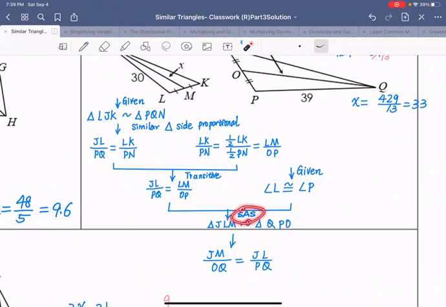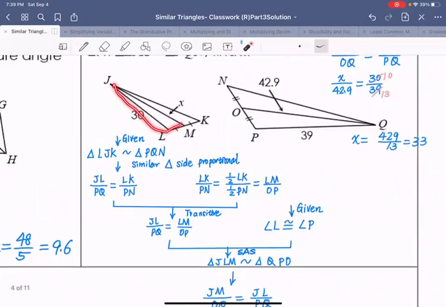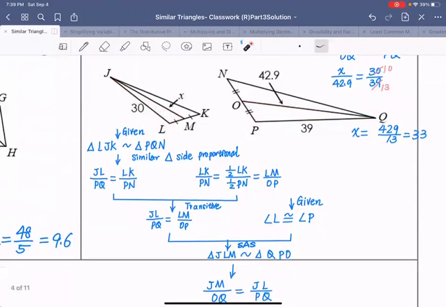SAS is the perfect one to support this. When you have these two triangles similar, your corresponding side ratios are also equal. That's why JM over OQ equals JL over PQ. Does this make sense now?